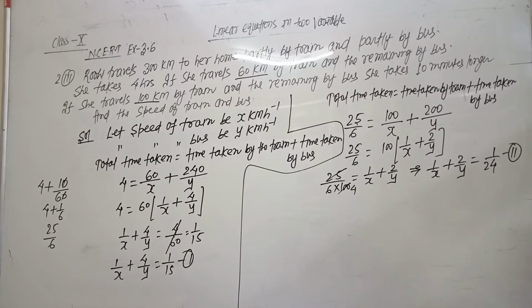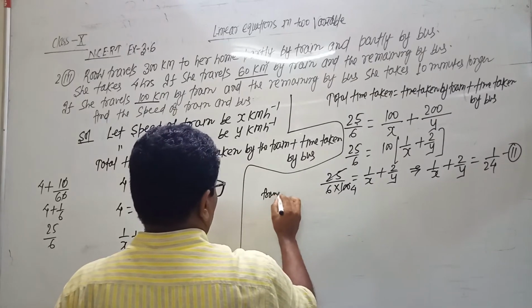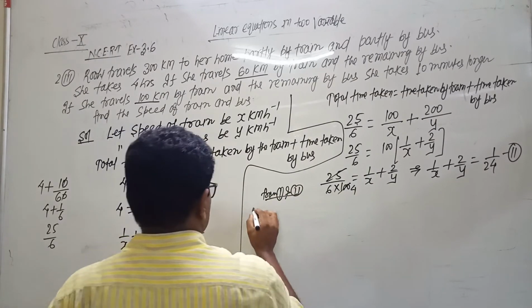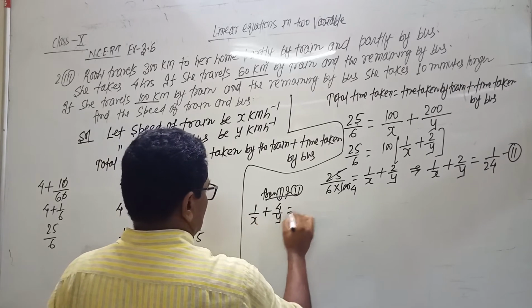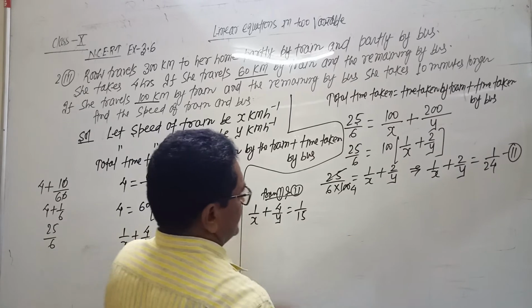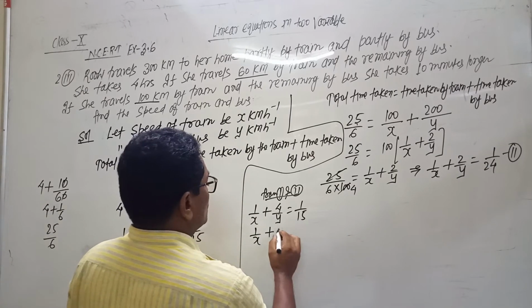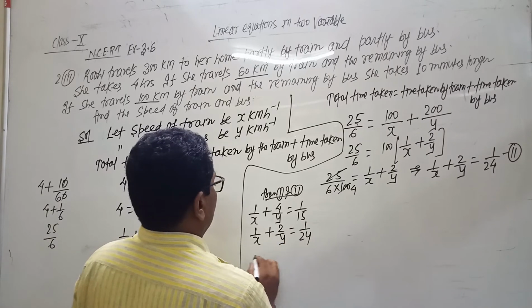Now we have to solve both the equations to get the values of x and y. The first equation was 1 by x plus 4 by y equals 1 by 15. The second equation is 1 by x plus 2 by y equals 1 by 24.